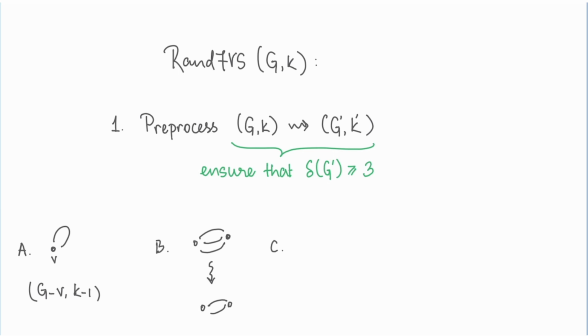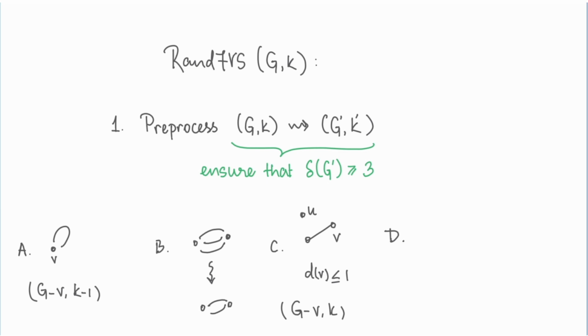The third reduction rule said that if you have a vertex whose degree is at most 1, then you delete this vertex and the budget remains unchanged. So this applies to vertices of degree 1 and also to vertices that are isolated.